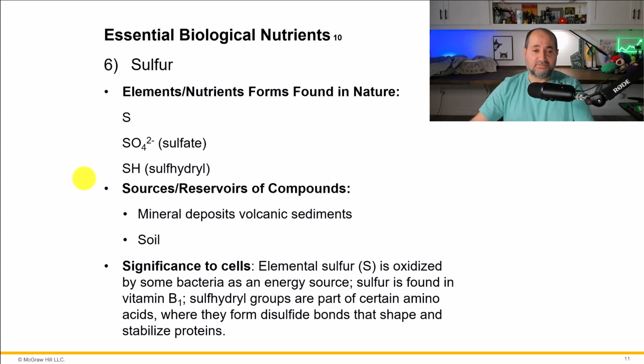And so you and I obviously get our sulfur from eating other organisms, but you can find it in nature as just sulfur, sulfate, sulfhydryl. You can find it in mineral deposits, in sediments, in soil. And so, like I said, all organisms need sulfur, and we just get it in different ways.